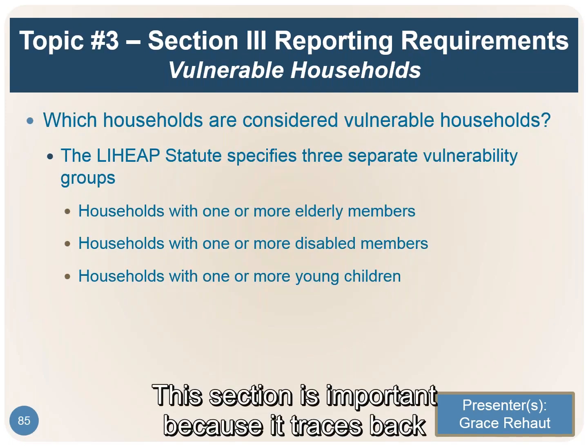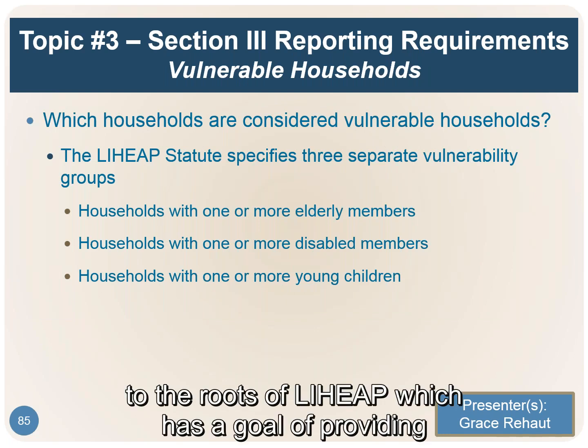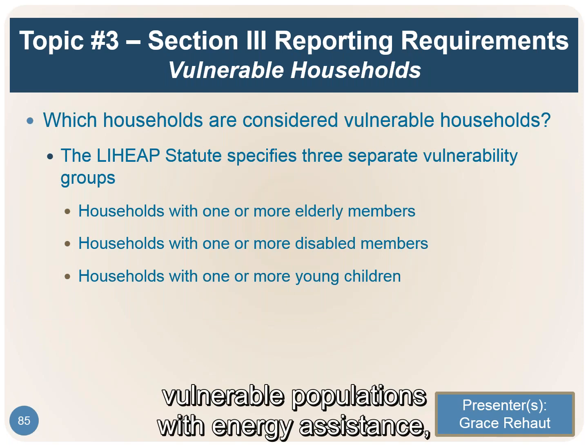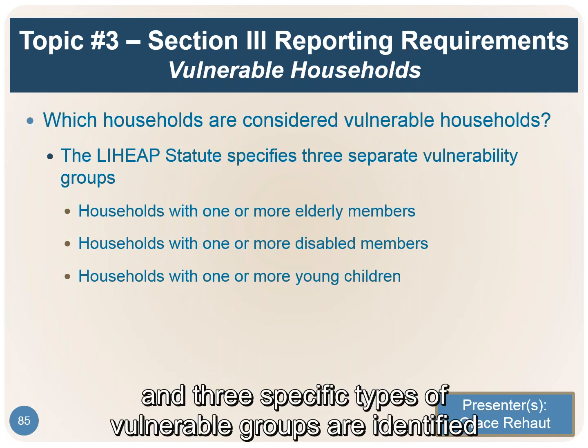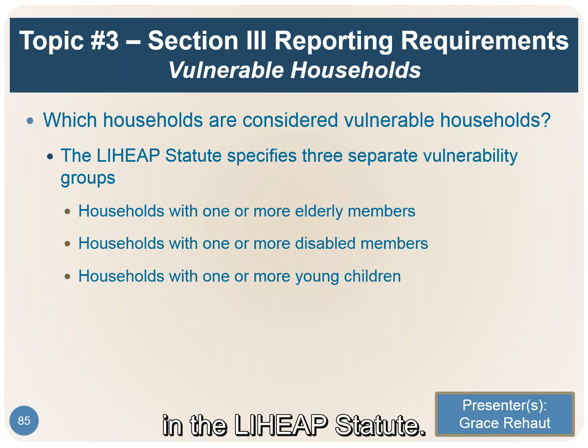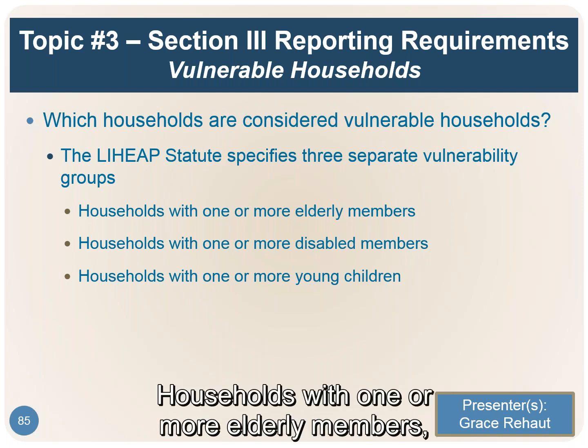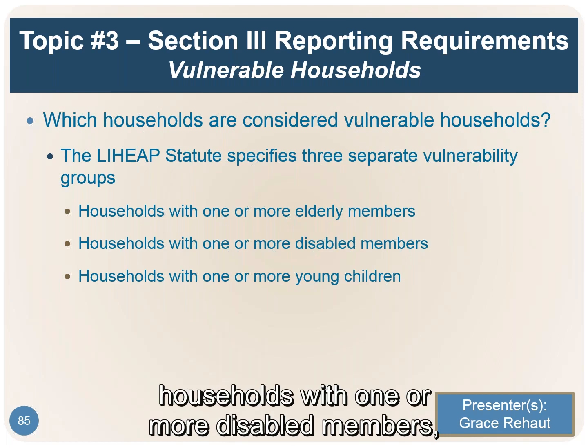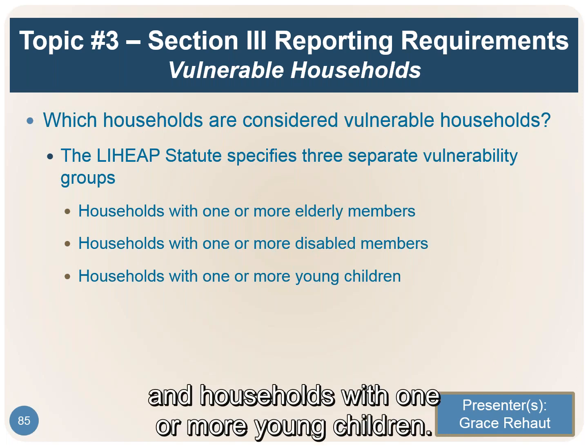So this section is important because it traces back to the roots of LIHEAP, which has a goal of providing vulnerable populations with energy assistance. And 3 specific types of vulnerable groups are identified in the LIHEAP statute: households with 1 or more elderly members, households with 1 or more disabled members, and households with 1 or more young children.